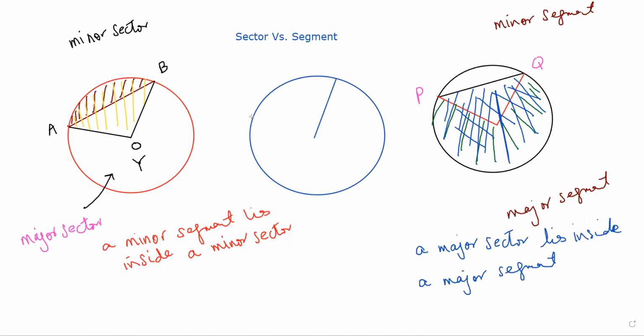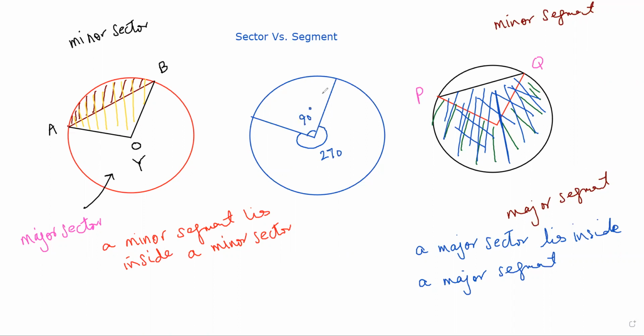If I show you like this, you see this angle at the center here. Now suppose this angle is, no, this is not 200. Let's say it is 270 degrees here, and this one is 90 degrees.